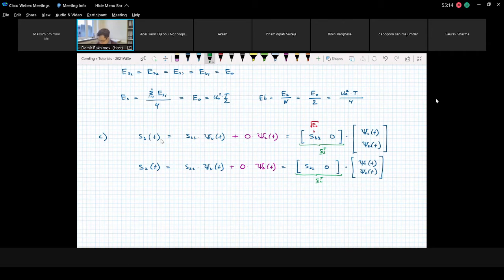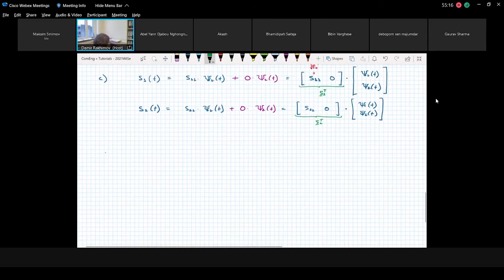And it will be our vector that describes second signal, S2 transpose. Okay, then we go to third signal, S3 of t. For third signal, we had actually quite the opposite situation, that we didn't have first basis function. So we have 0 times first basis function plus S32 times second basis function.